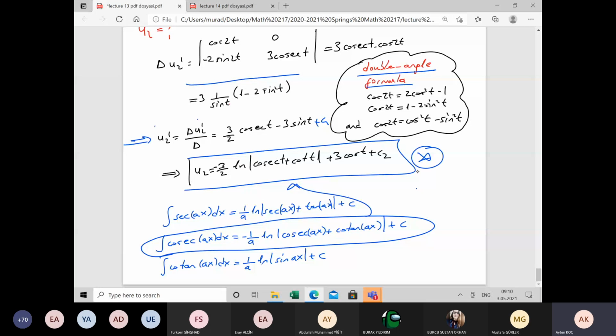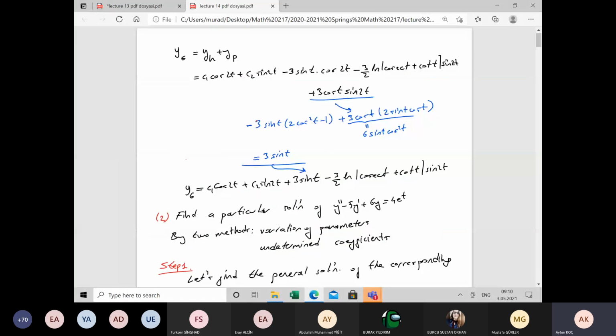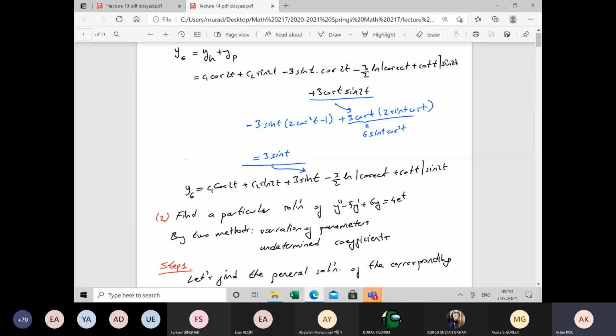It's okay. So, we know the general solution of the non-homogeneous equation is the sum of the general solution of the homogeneous part plus particular solution. This one is the homogeneous part, the general solution of the homogeneous part.